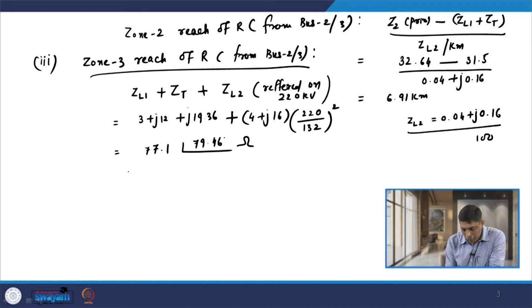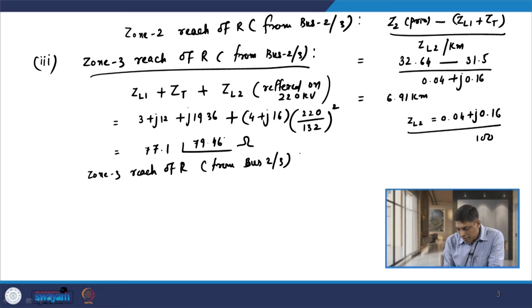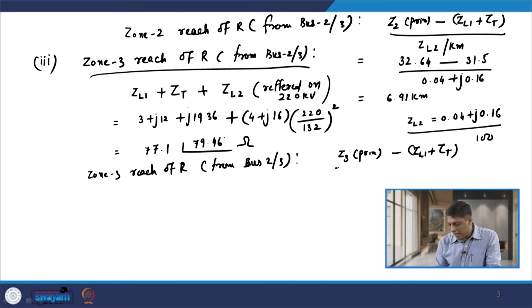So, if I need to find out again the zone 3 reach of relay R from bus 2 or 3, then what we need to do is, we have the Z3 primary minus ZL1 plus ZT, that is as it is, and divide by, we need to find out for line L2, so it is ZL2 per kilometer.